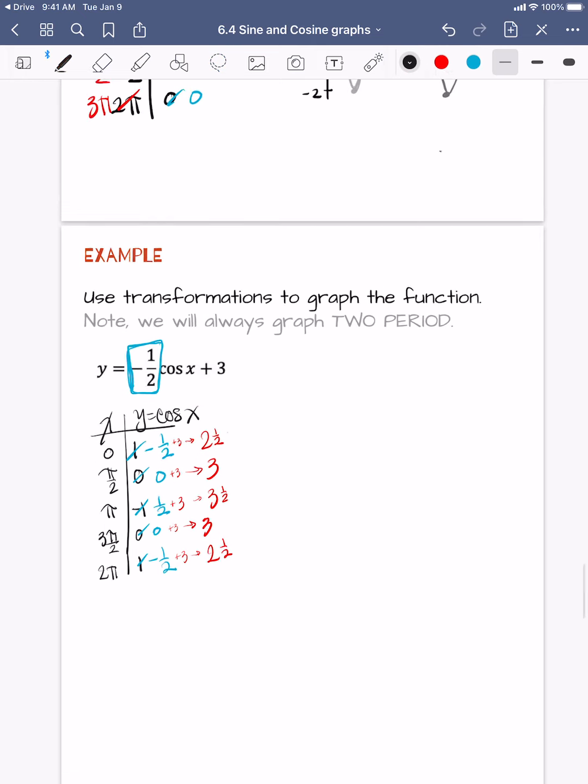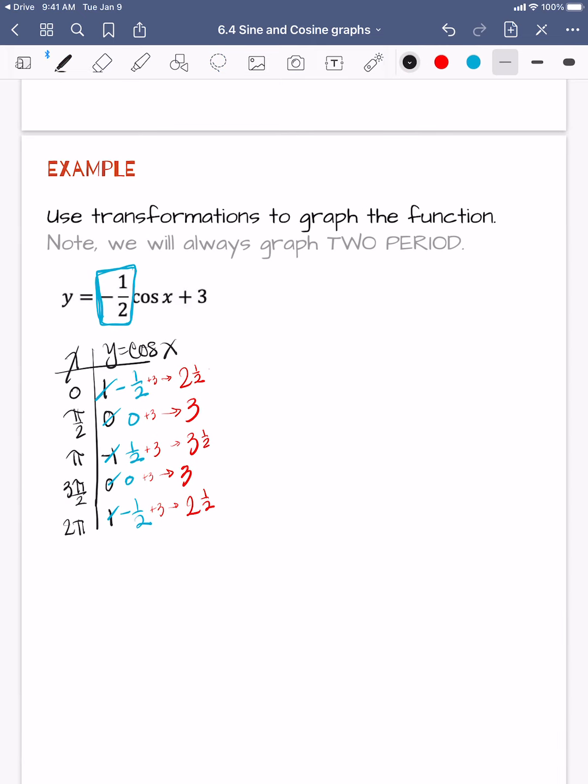So let's draw our axes. It's big points for getting the axes labeled. I'm going to drop my x-axis down a bit. I'm going to put my y-axis right in the middle because this guy didn't shift to the left or the right. And I'm going to just label like I would the parent curve.